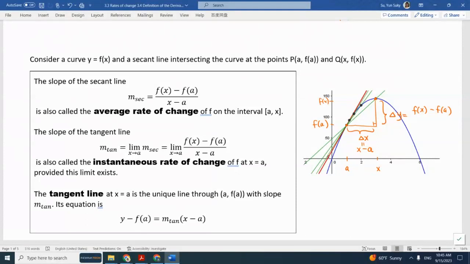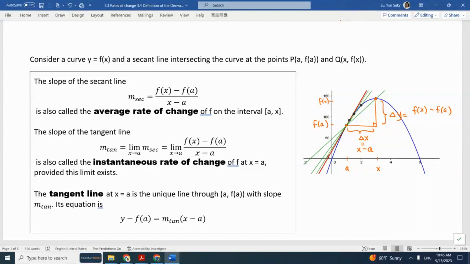And if x moves closer, the secant line becomes this one. When x is getting closer to a, the secant line will converge to the tangent line. The red line is the tangent line, the unique line through the point tangent to the graph. They only touch the graph at this point.